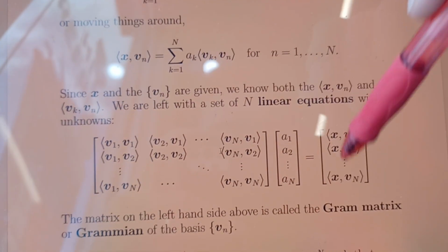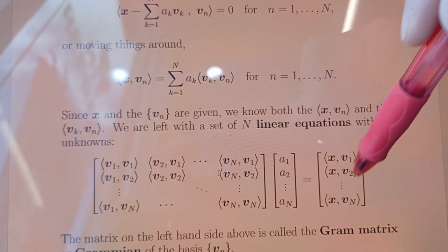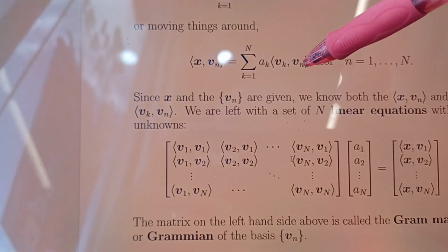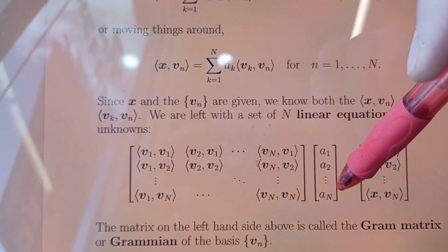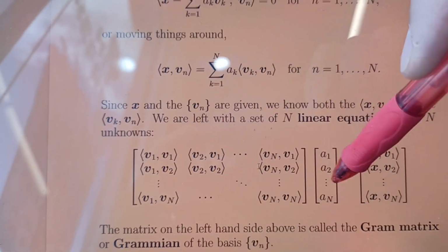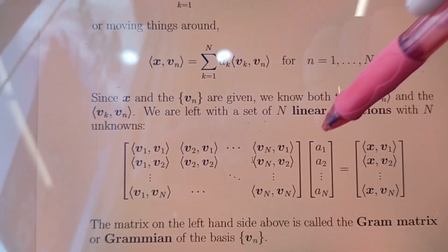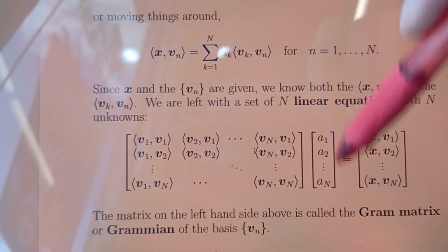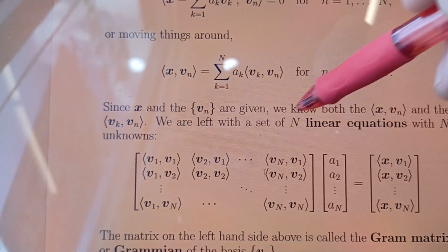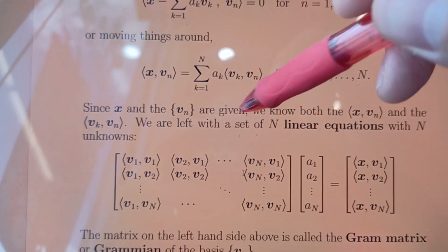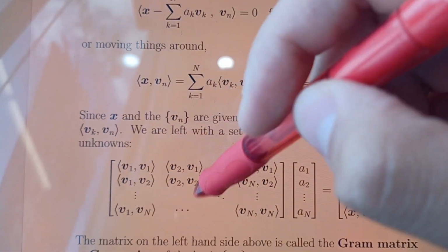The Vn are just the building blocks we have. And A is the corresponding coefficient for each building block V1, V2, V3, Vn, and this is a Vk, Vn, over here.